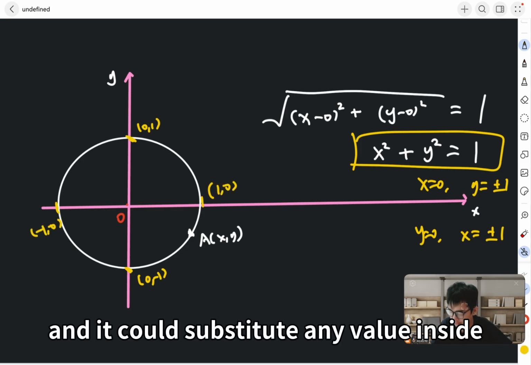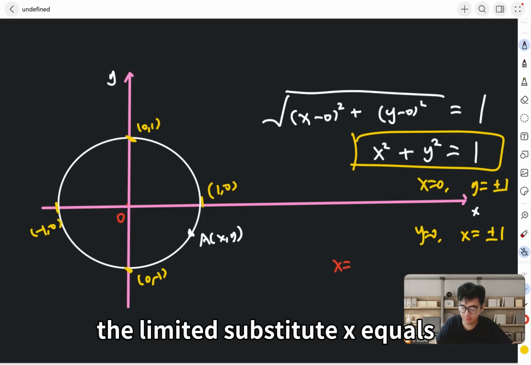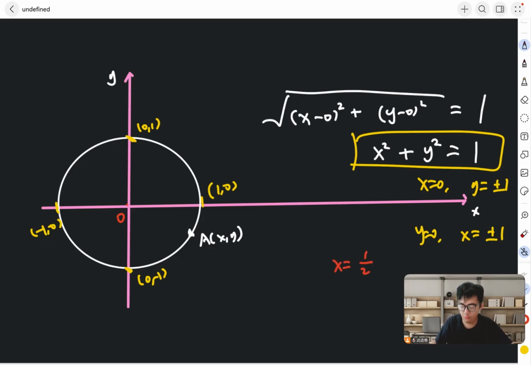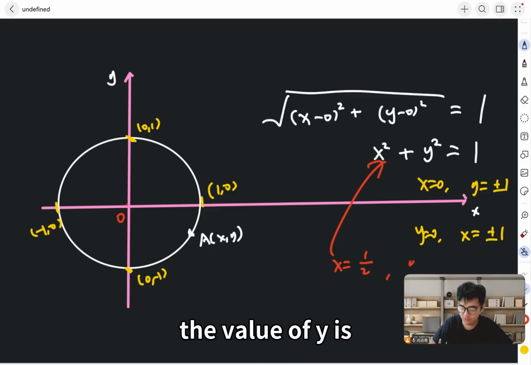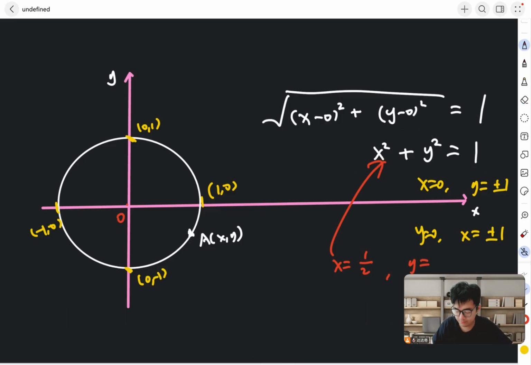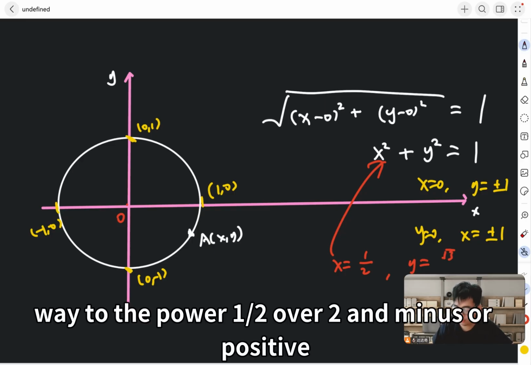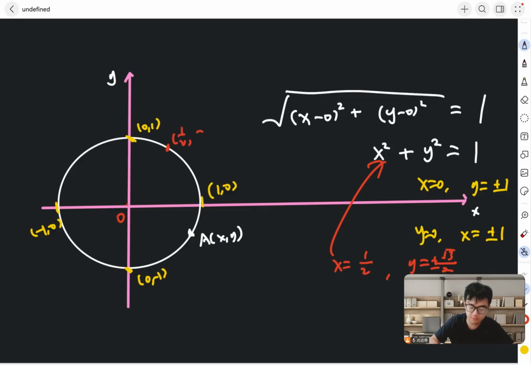And I could substitute any value inside. Let me substitute x equals 1/2. When I substitute it inside the equation, I will get the value of y is 3 to the power 1/2 over 2, positive or negative. So it means these 2 points.